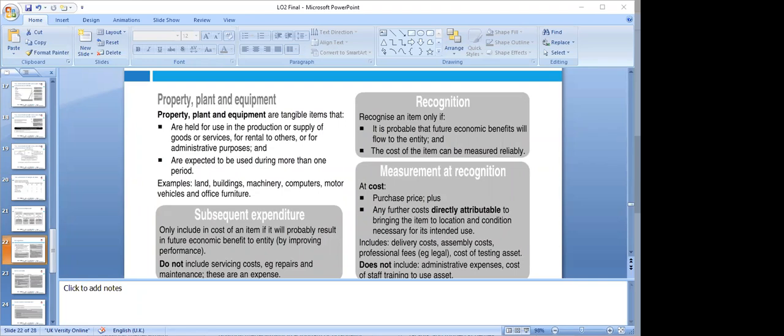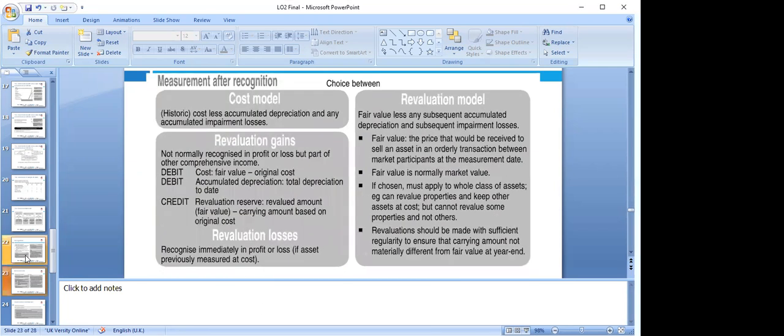Okay, so we need to make sure we carry on with recording and recognition. Yes, directly attributable costs, subsequent expenditure, which we need to make sure we carry on doing. Cost model, yes, we can do the revaluation gain. If we have a revaluation loss, the asset is being revalued, and we have to follow IAS 16 to do the revaluation.